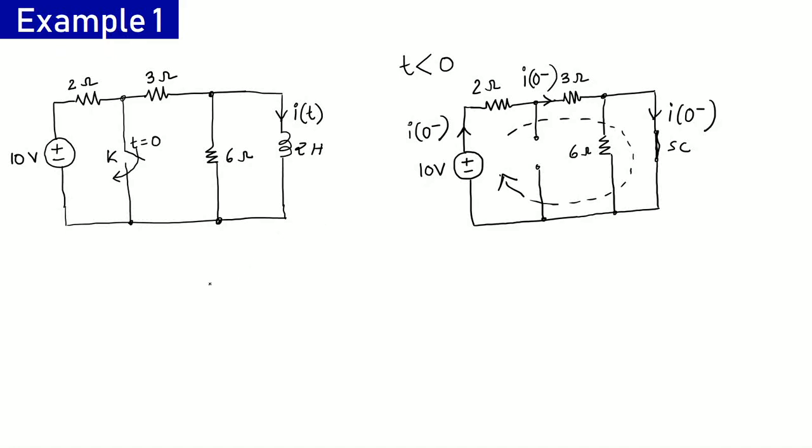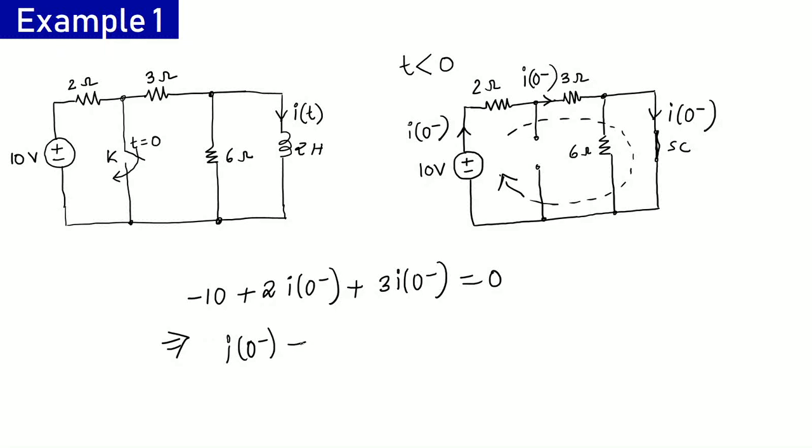Let me write the KVL equation here. It will be minus 10 plus 2 into i(0-) plus 3 into i(0-), and this is equal to 0. So from here we can calculate the inductor current just before the switching action, and it comes out to be 10 by 5 amperes, that is 2 amperes.